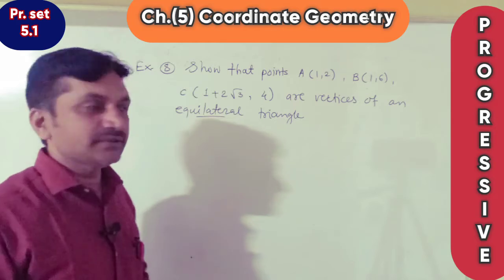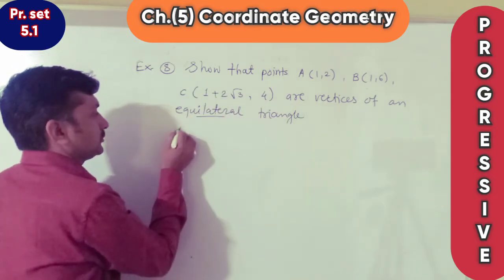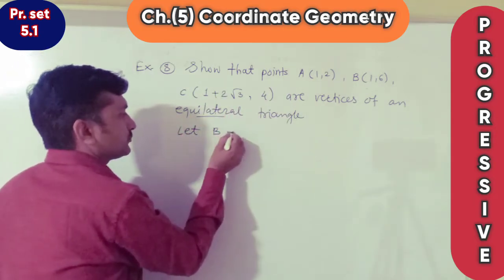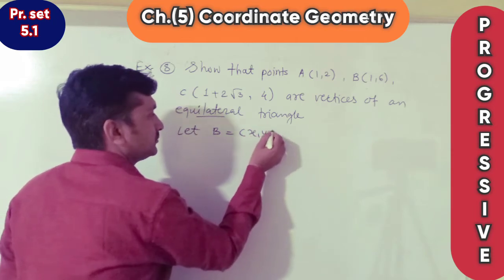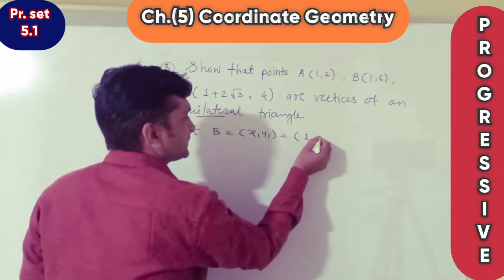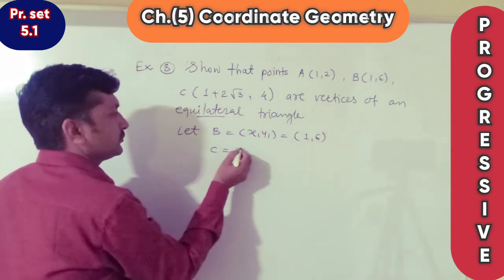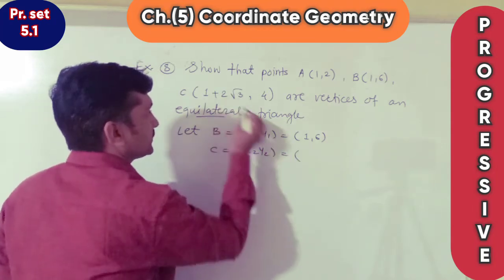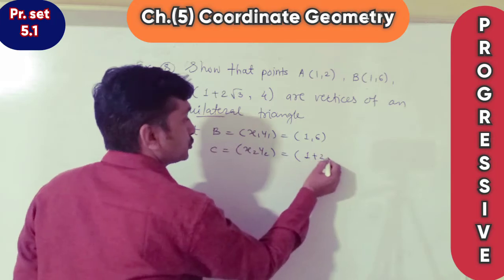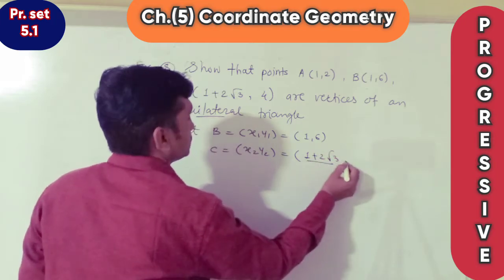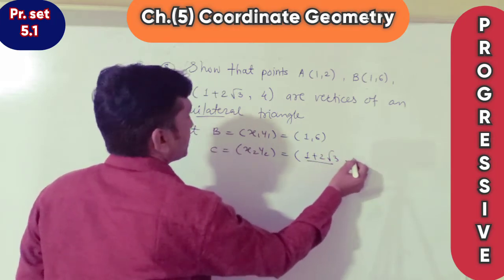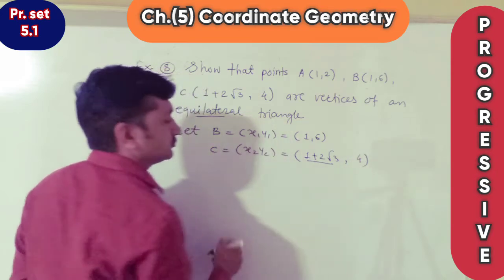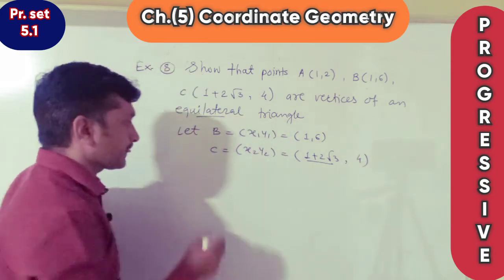Now let's find distance BC. Let B is equal to x1 y1 is equal to 1, 6. C is equal to x2 y2 is equal to, coordinates are 1 plus 2 root 3, 4. Do it carefully.